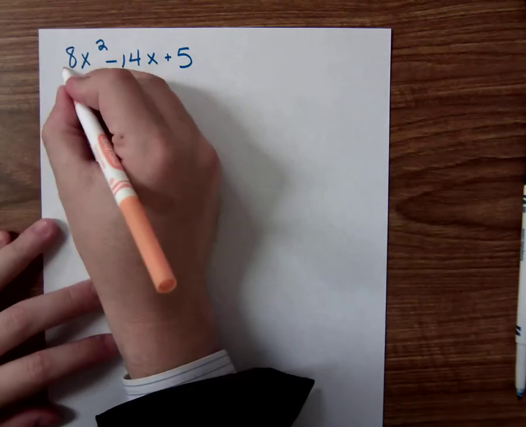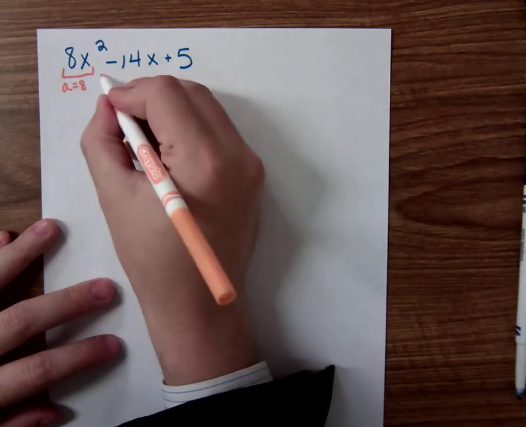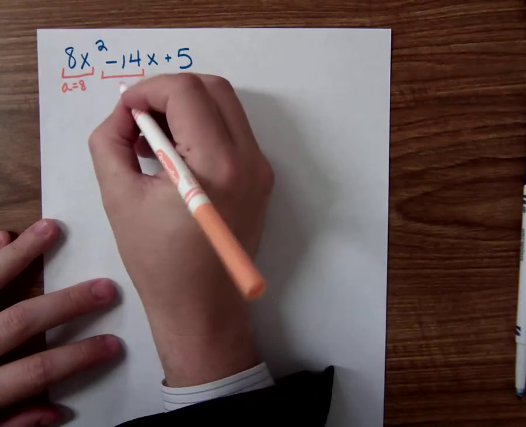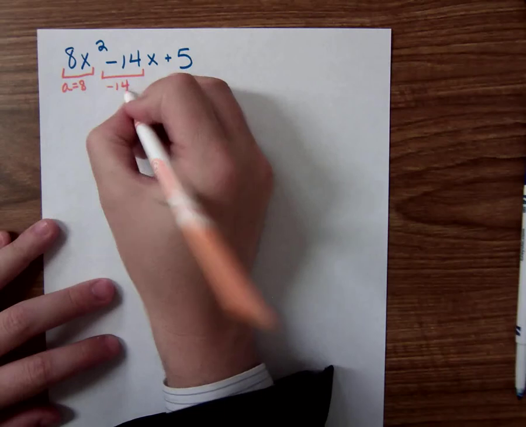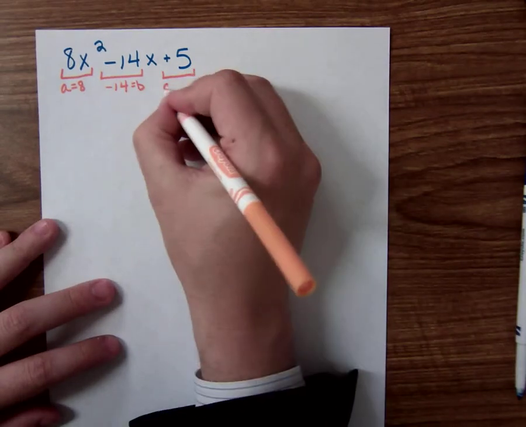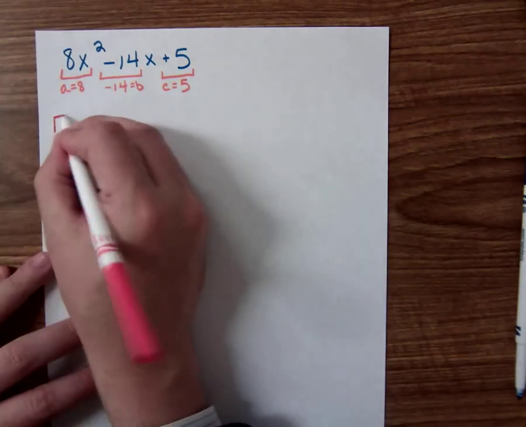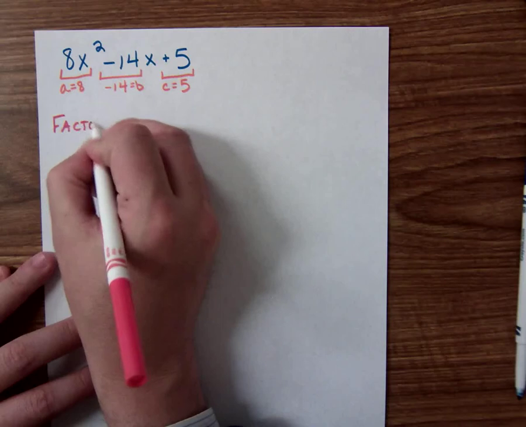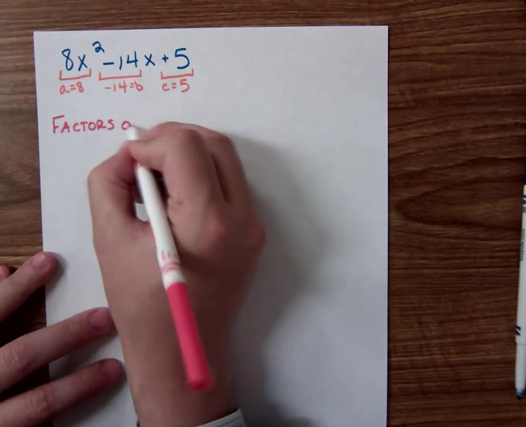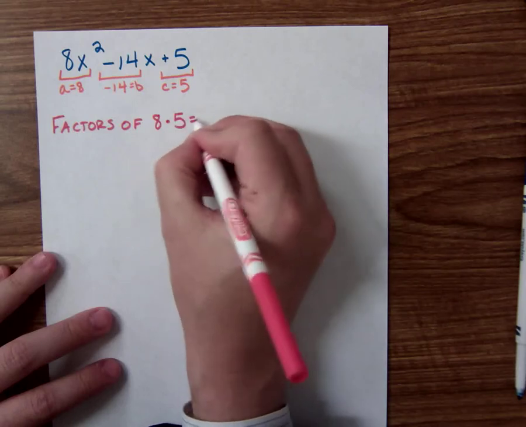So what's A in this problem? A is 8. B is negative 14. And C is 5. Great. So what am I looking for factors of? 40. I'm looking for factors of A times C, which is 40.